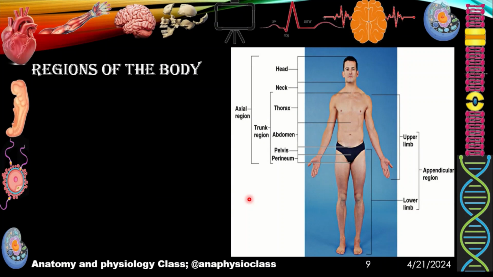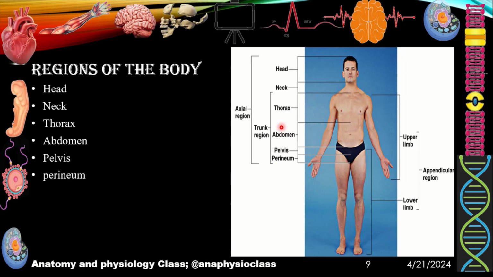Regions of the body. There are different major locations of the body. The body is segmented into different regions. These regions include the head region, neck region, the thorax, abdomen, pelvis, and perineum.